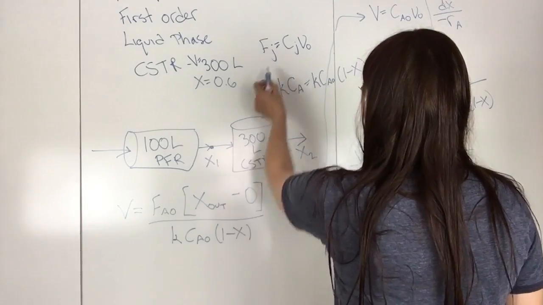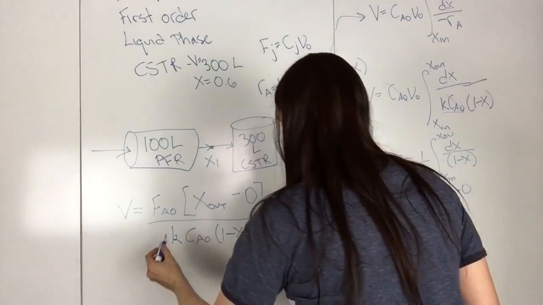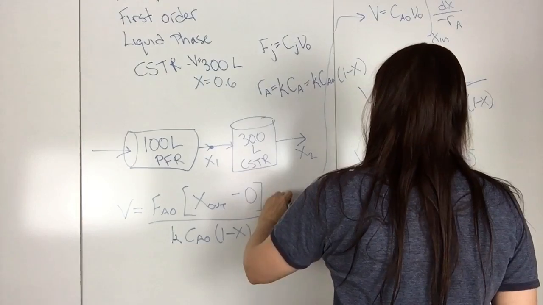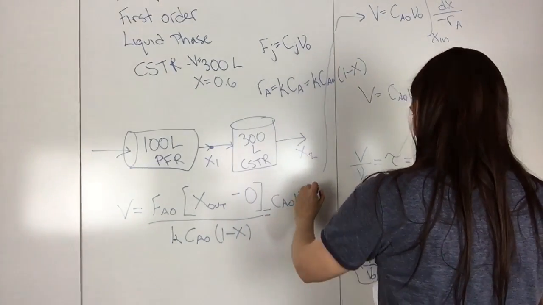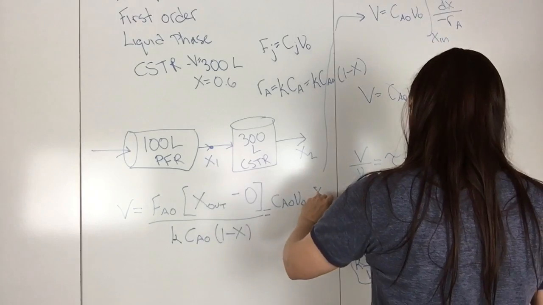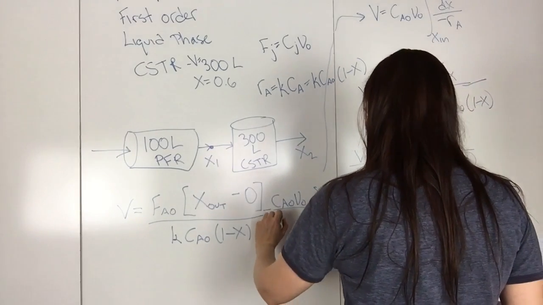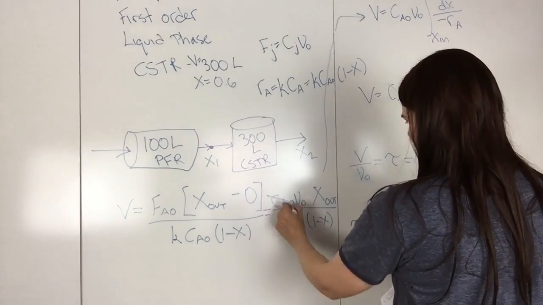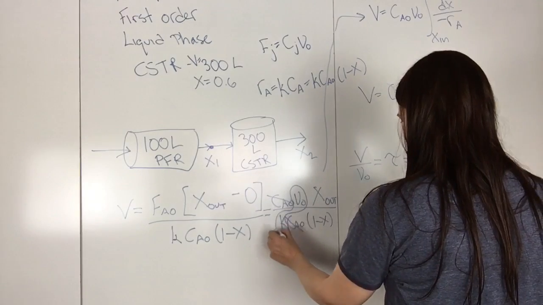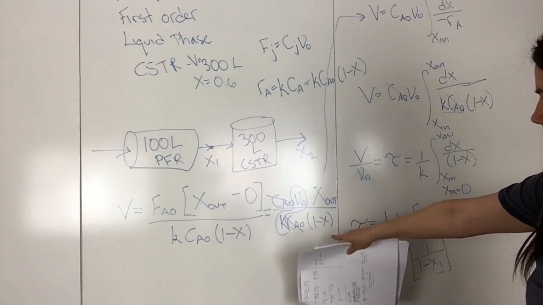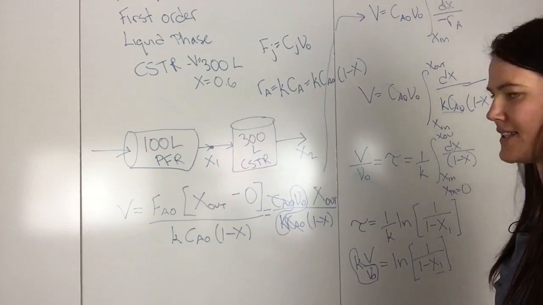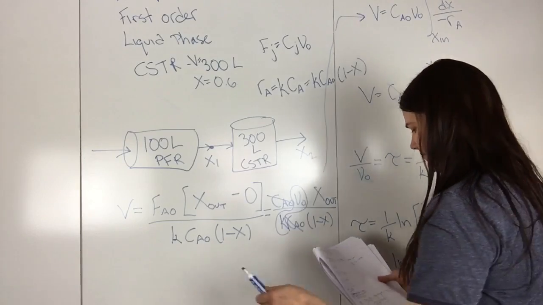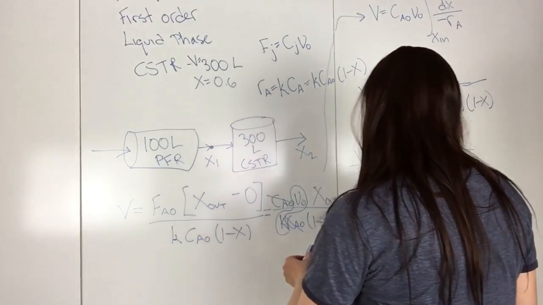Using this relation, I can put in CA naught V naught multiplied by X out over K CA naught 1 minus X. So CA naught cancels, and you can see that we have this V naught over K right here, and we know everything else, so we should be able to solve this to get V naught over K. Let's also rewrite this.